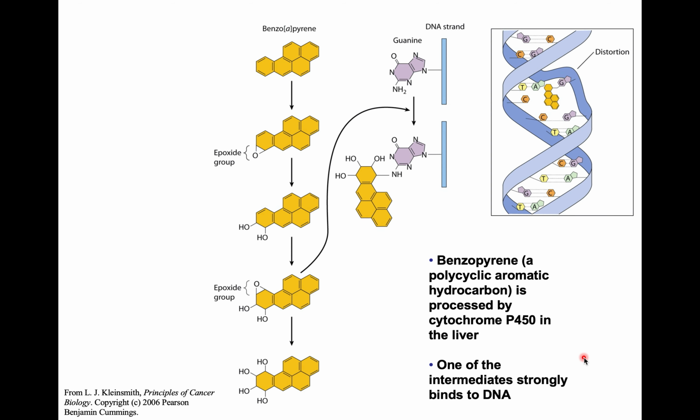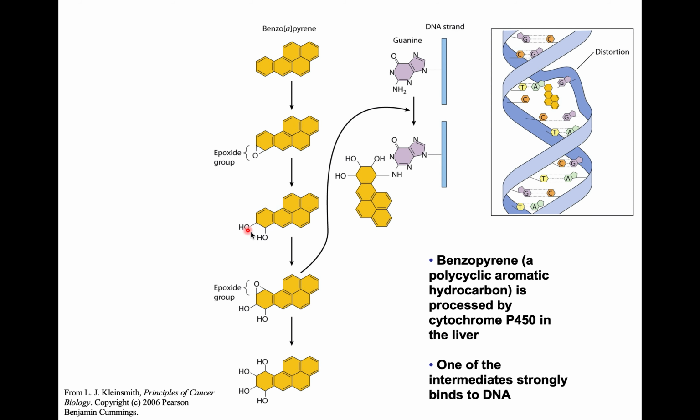Now here's a specific example of one of these activated precarcinogens being oxidized by cytochrome P450, then binding to the DNA and causing mutation. So here we have benzopyrene, which is an example of one of the PAH class of chemical carcinogens, and it would be, again, processed in the liver by cytochrome P450.